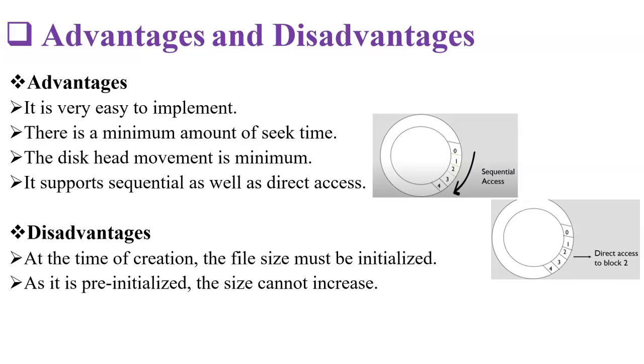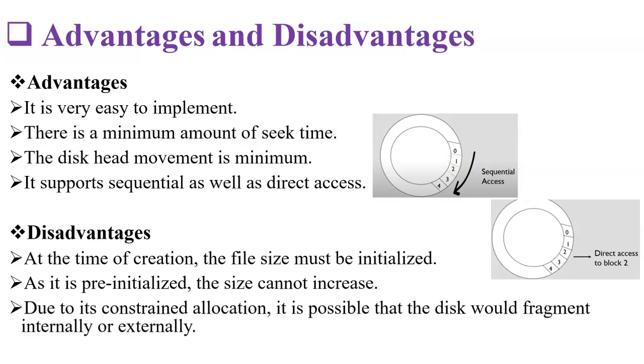Obviously, if blocks cannot be allocated to a file, its size cannot be increased. So due to its constrained allocation, it is possible that the disk would fragment internally or externally, which means that the contiguous file allocation method suffers from internal fragmentation as well as external fragmentation.